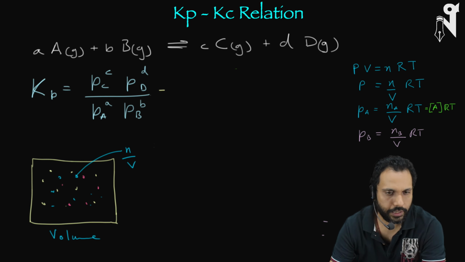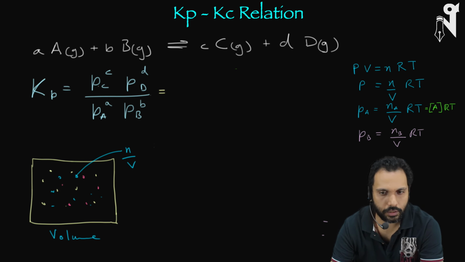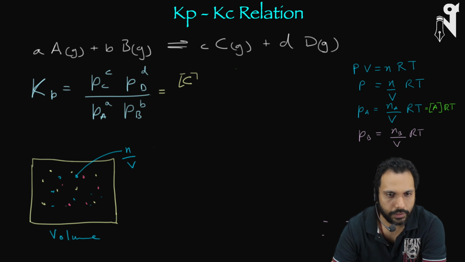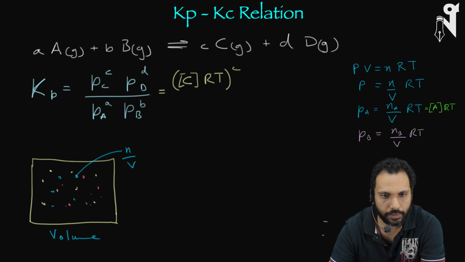If we start replacing the partial pressures with concentration using this expression, then partial pressure of C can be written as concentration of C times RT, and then that partial pressure was raised to the power of stoichiometric coefficient c. Similarly, partial pressure of D would be concentration of D times RT whole power of small d.